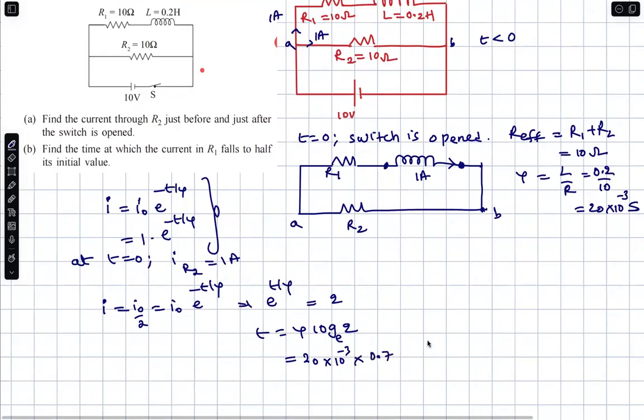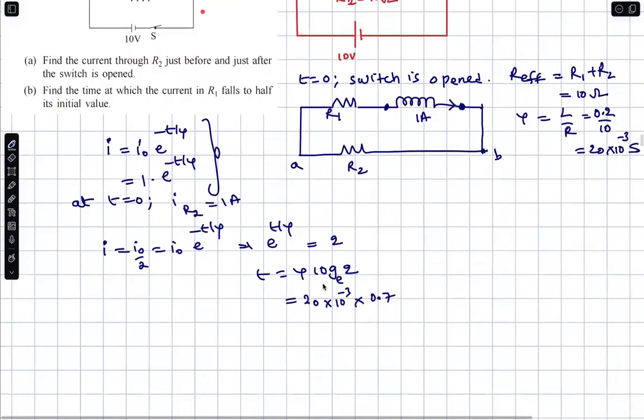Times natural logarithm of 2, which is nearly 0.7, so nearly 7 milliseconds.